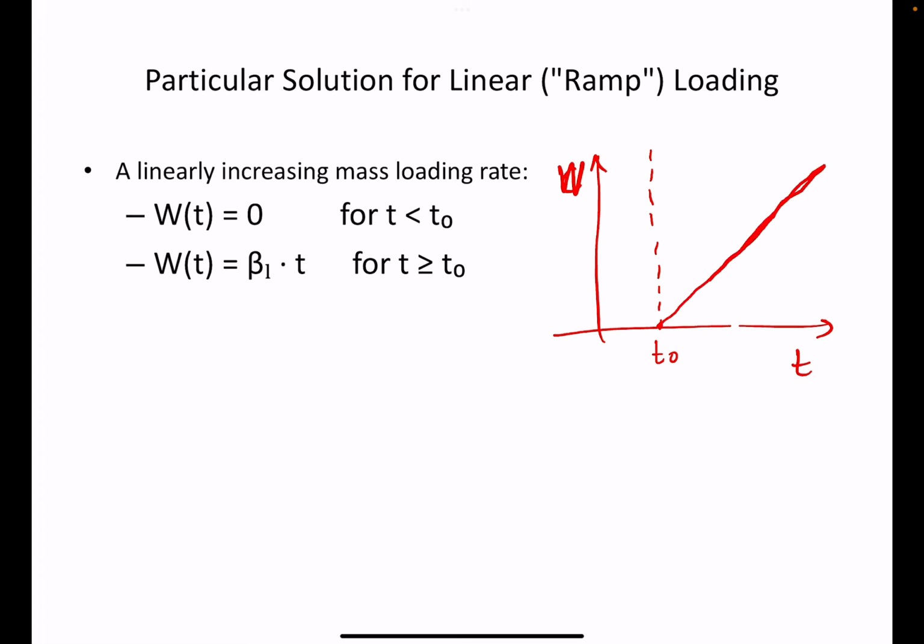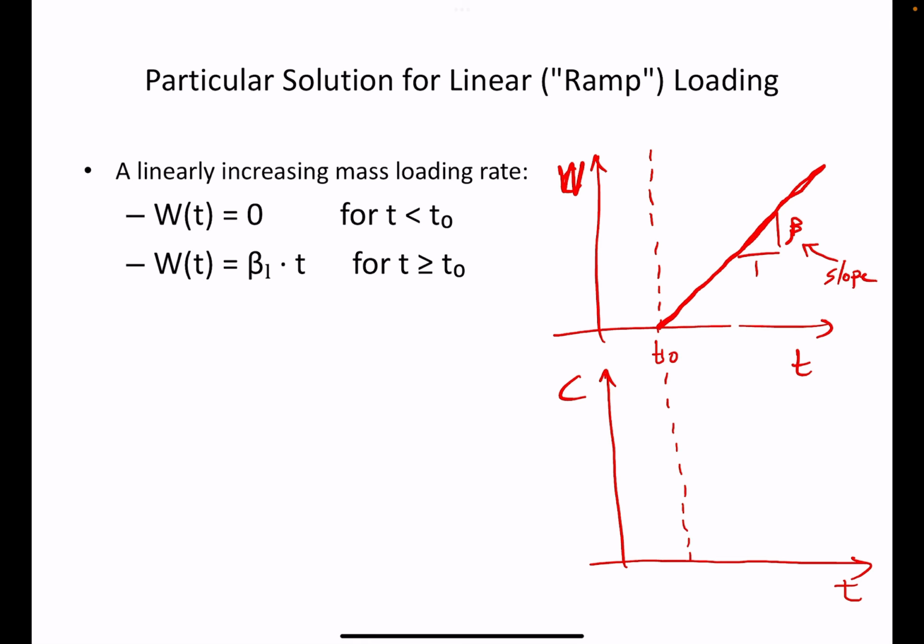This is linear, and the slope of that linear line is beta. And then if you want to plot this in terms of concentration versus time, this is t naught. And initially the concentration would be the same as the loading. It will be linear.